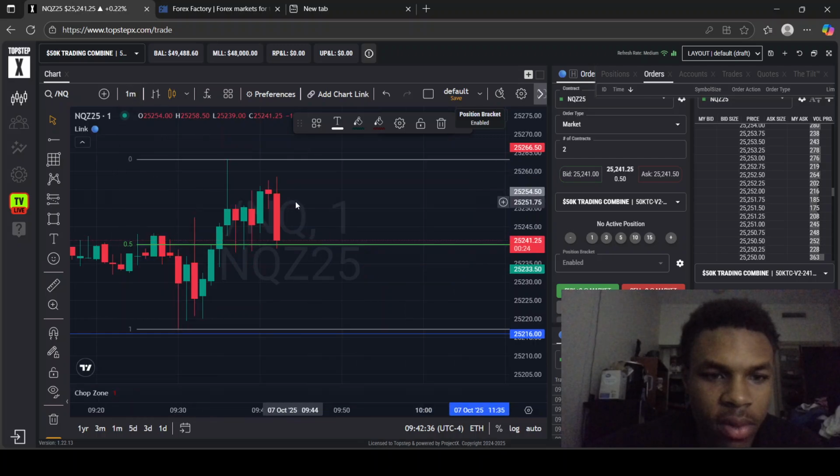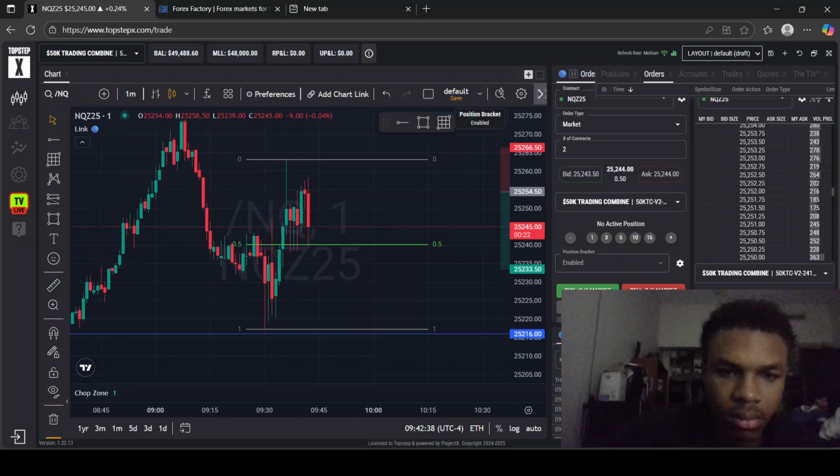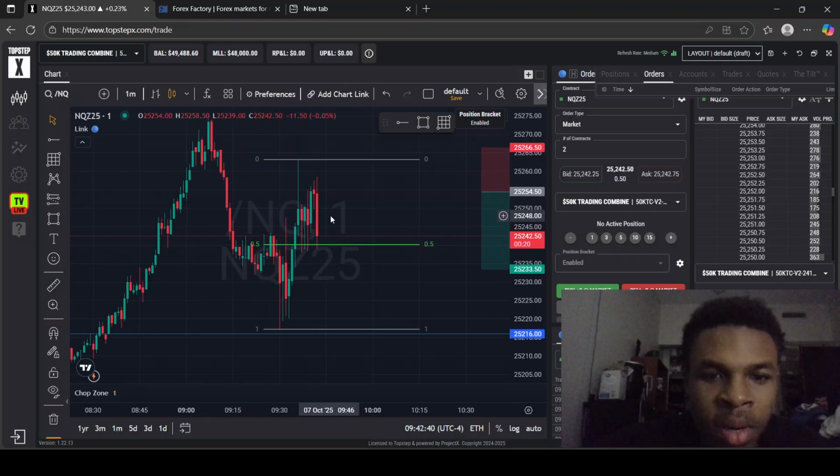All right, we can find one on the 1 minute. We're still above equilibrium, so we're getting a good entry regardless.